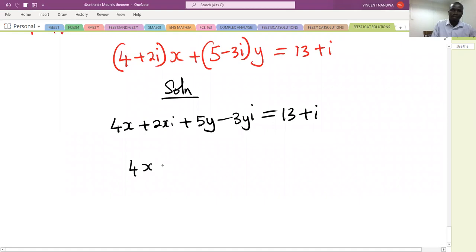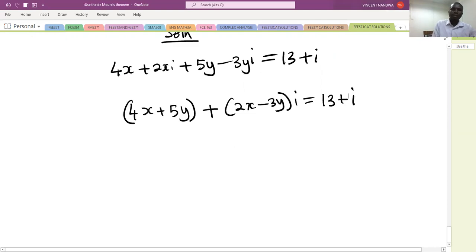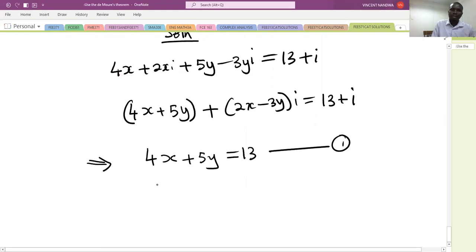So 4x plus 5y will be the real part, plus 2x minus 3y, that's our imaginary part, equals 13 plus I. And you equate real parts and imaginary parts. For this equality to be true, 4x plus 5y should be 13. I call this one equation 1, and 2x minus 3y equals 1. Call this one equation 2.